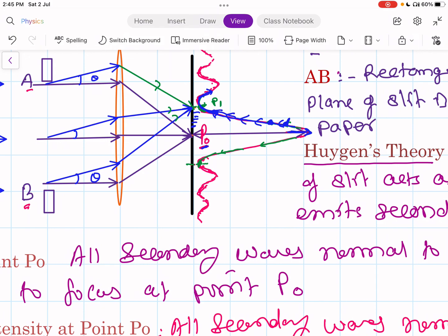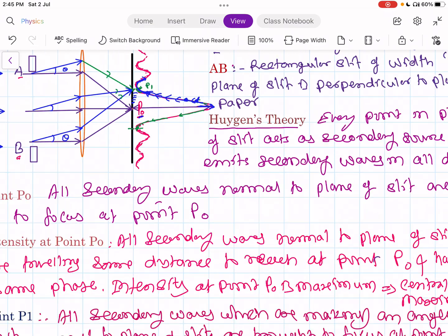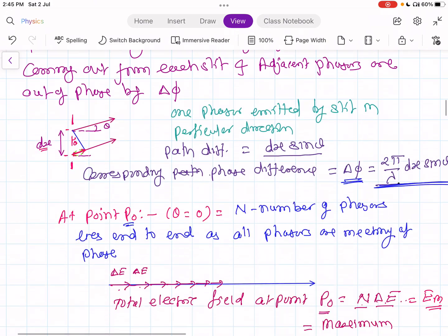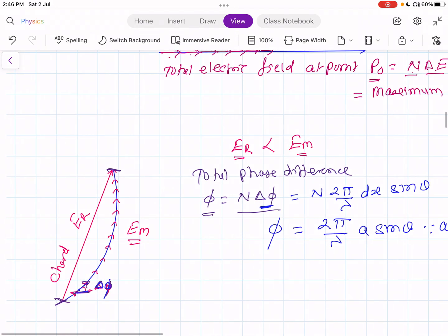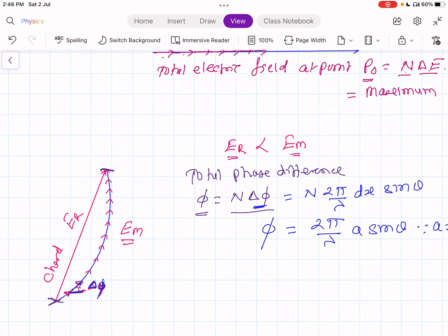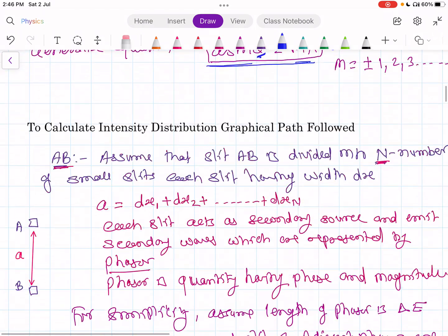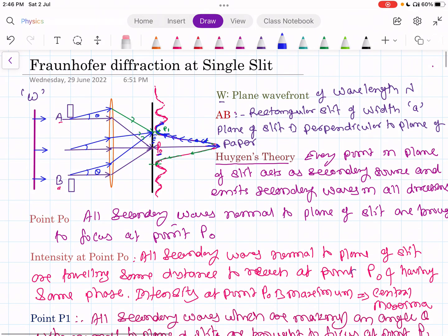And as you can clearly see, as the theta increases, the curvature of the arc will become more and more curved, and the length of the chord will decrease. And so in this case, the intensity decreases as the length of the chord decreases.